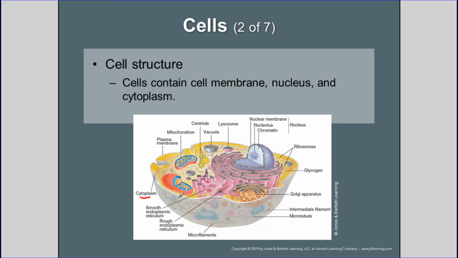We have cytosol, and that's the fluid portion of the cytoplasm. And that's pretty much all you need to know for that. And then we can start talking about the organelles. Their function is task related to the cell growth, maintenance, and the metabolism of the cell.